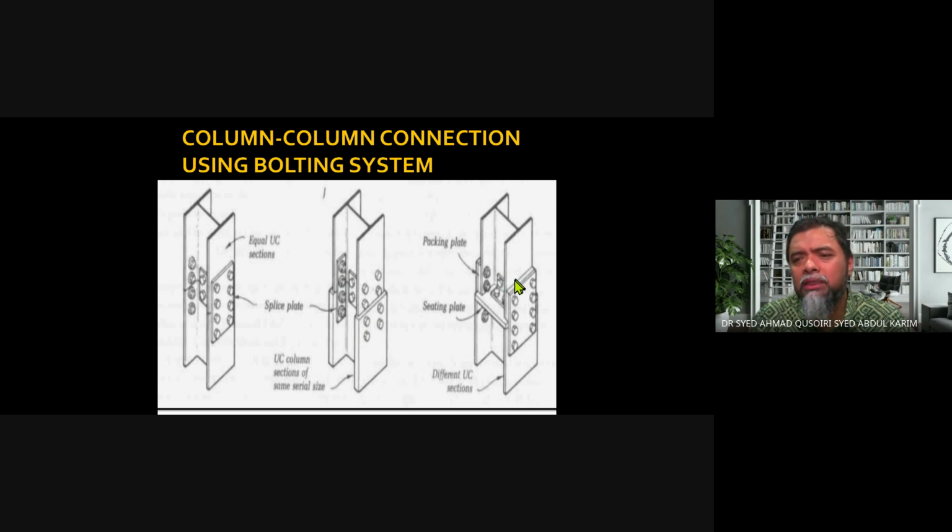Yang ni bahagian bawah ni I-beam dia besar, yang atas ni kecil. So kena tambah lagi satu seating plate dekat sini, kan, to make sure that the I-beam at the top tak slip downwards. So connection dia a bit more complex.